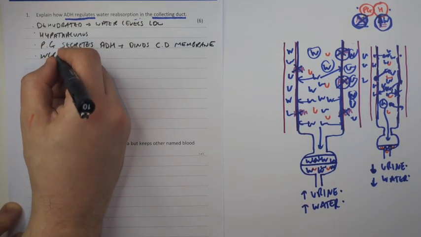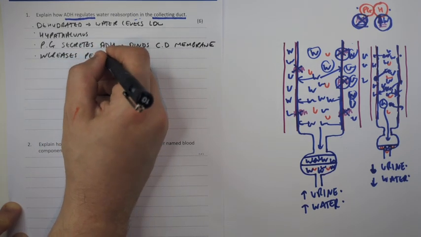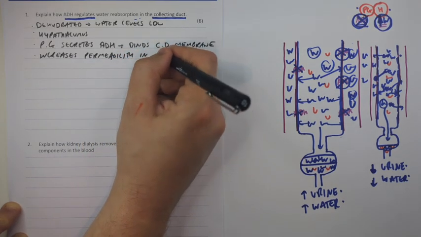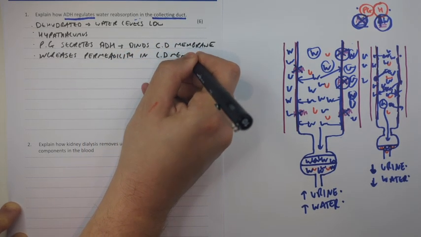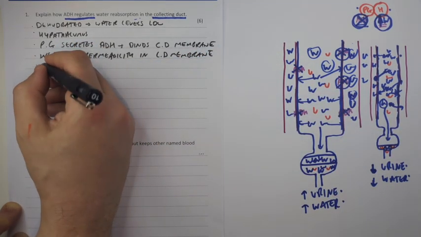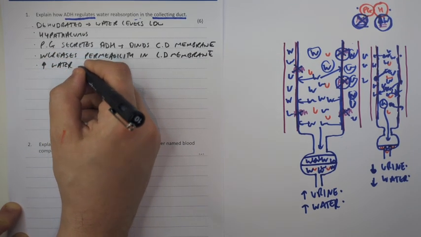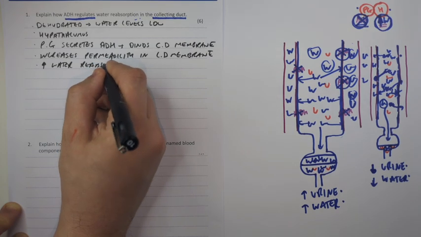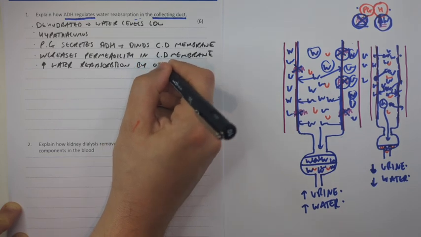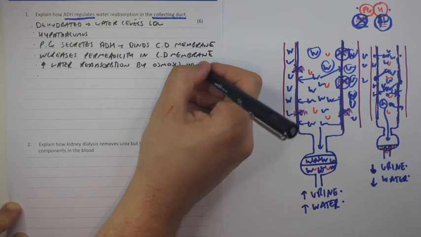The ADH increases permeability in the collecting duct membrane, which then increases water reabsorption by osmosis into the blood.